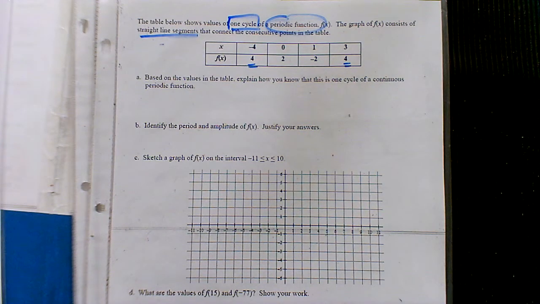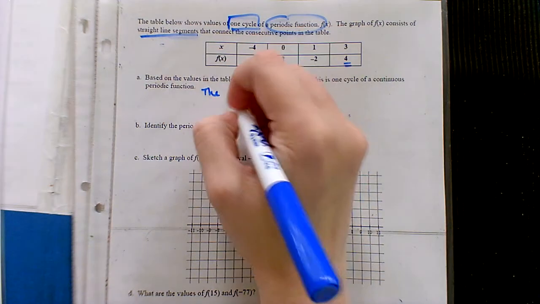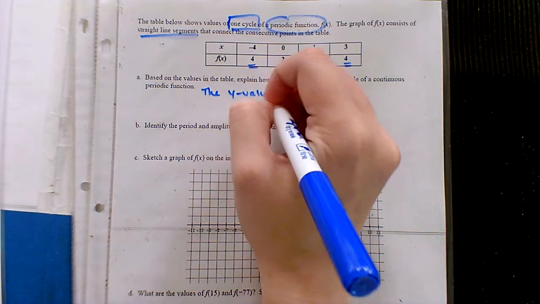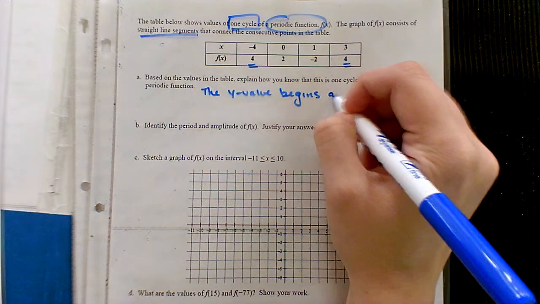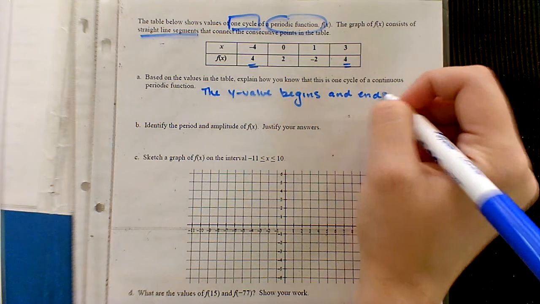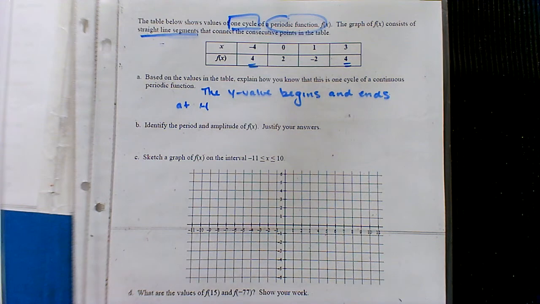They're beginning and ending at the same point, which means if you were to repeat the pattern, they would line up exactly at that same height. So we'll say the y value begins and ends at 4.